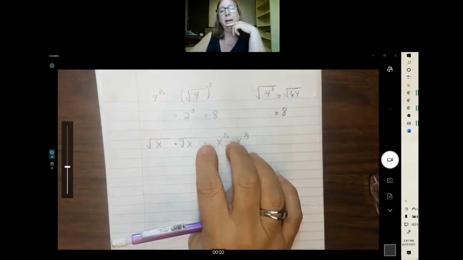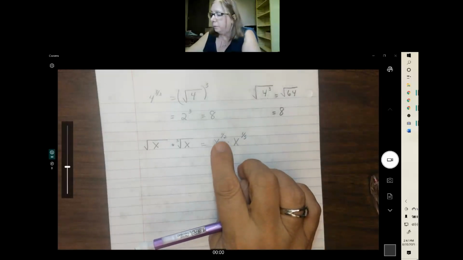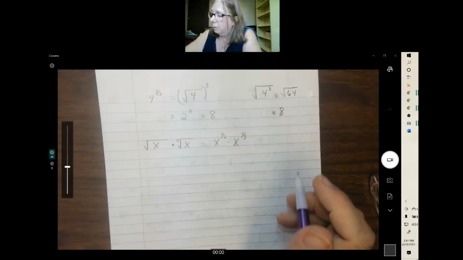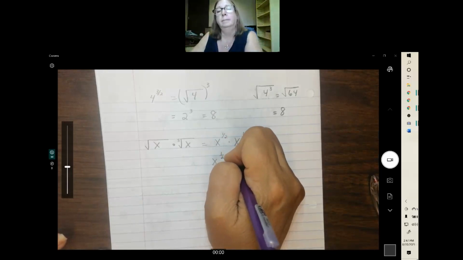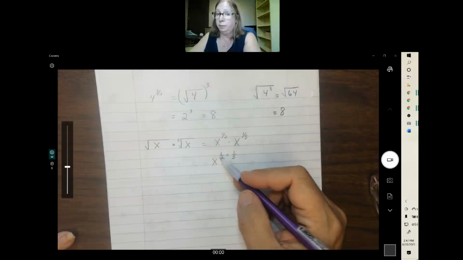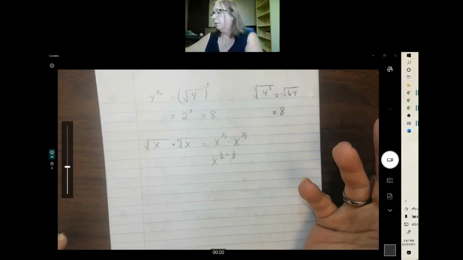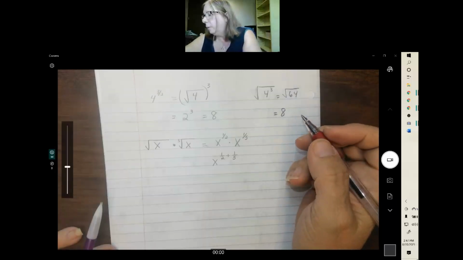Notice when we have the same base, we have to add the exponent. So we have to add 1/2 plus 1/5. Well, in order to add, you need to have a common denominator. In this case, our common denominator would be 10.